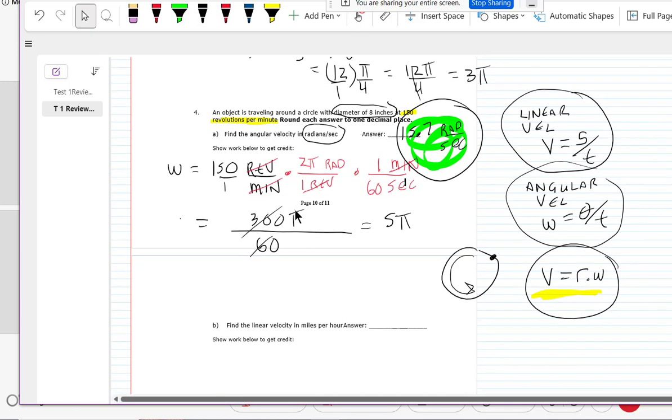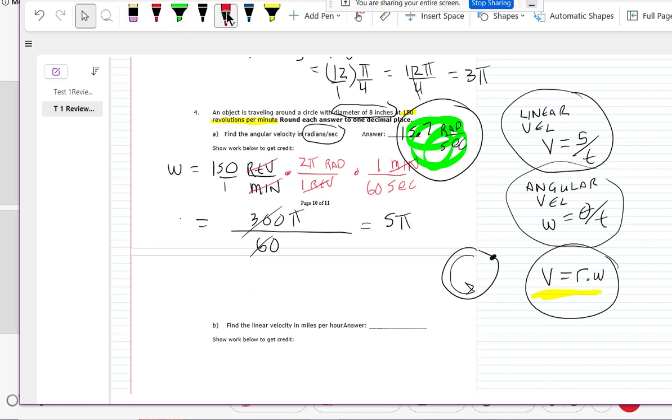Okay. All right. Now the next thing says find the linear velocity, and this is when you're going to use this formula over here. You want to use v equals r omega. Okay, so that's the formula we're going to work with. Omega was the 15.7 radians per second. And then the radius.